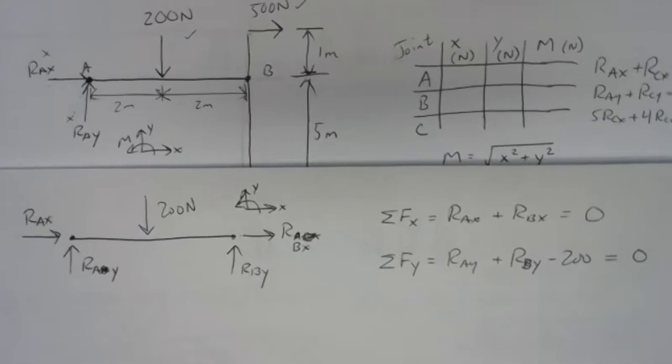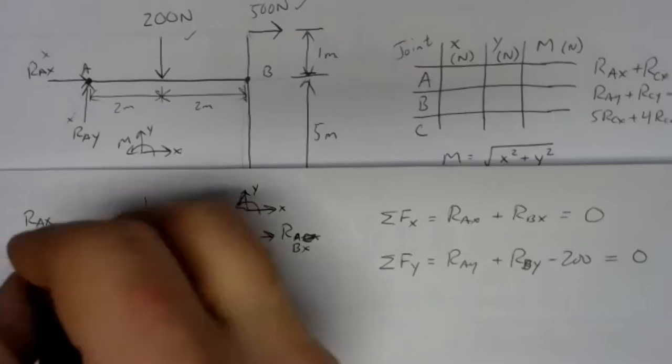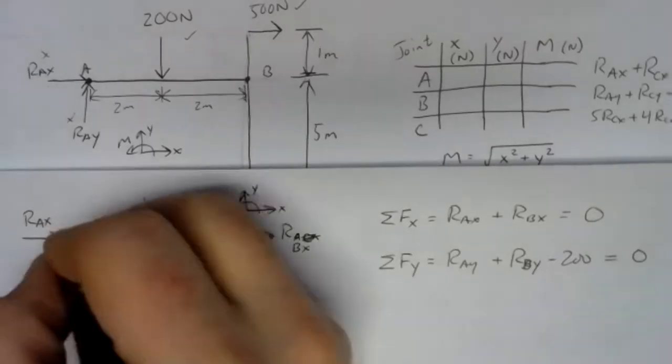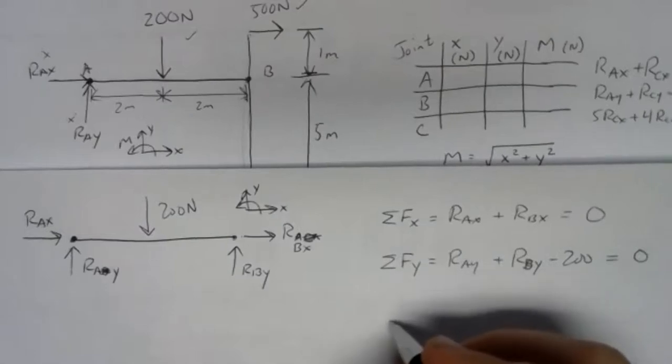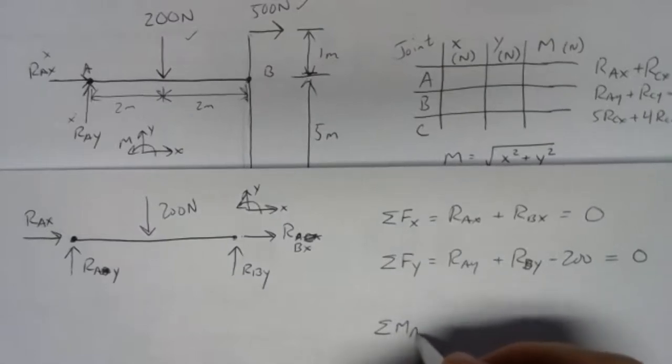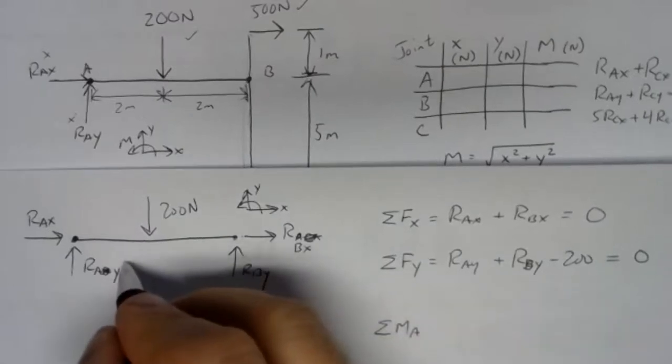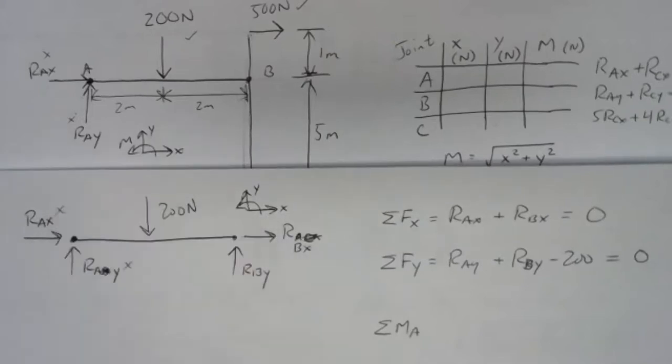But moment's going to help us out quite a bit here. Let's take A as our pivot point and see what happens with the moment. If we take our sum of moments about A, well, let's first count up the forces that'll have moments. RAX and RAY, no moment there because they push on the pivot point. The 200 Newton force, definitely, it's going to have a moment. It's got an arm.